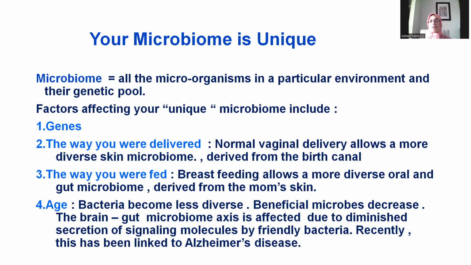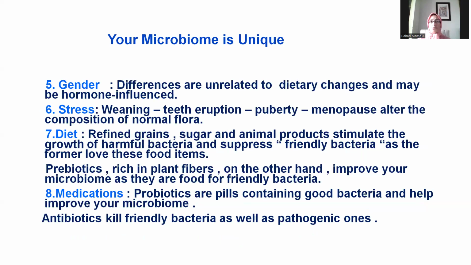Alzheimer's disease is a disease in which brain cells degenerate, brain cells deteriorate. Their function declines and diminishes over time, and this is because of this diminished connection between the gut and the brain. So taking care of your diet and of your gut microbiome is important to preserve your brain.